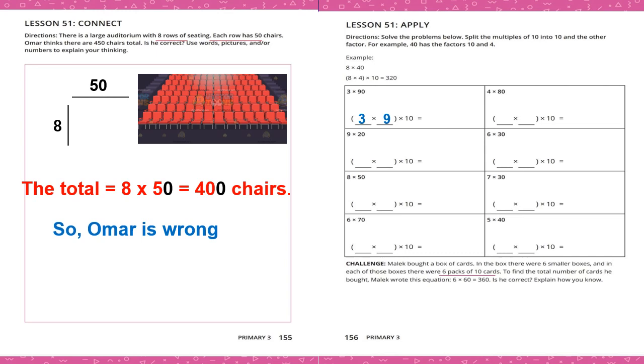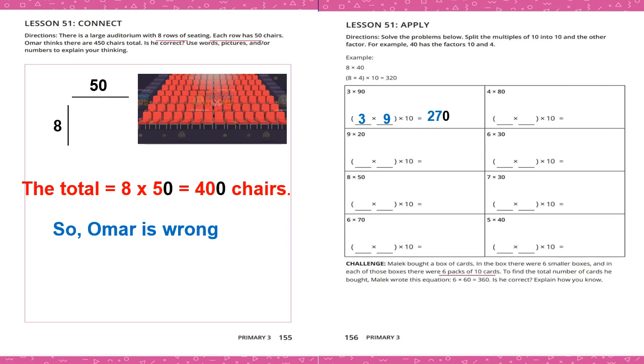I said before, when we have 0 in the multiplication operation, you should drop the 0 in the result. So 27 times 10, drop the 0 and 27 times 1 equals 27. So the final answer equals 270.